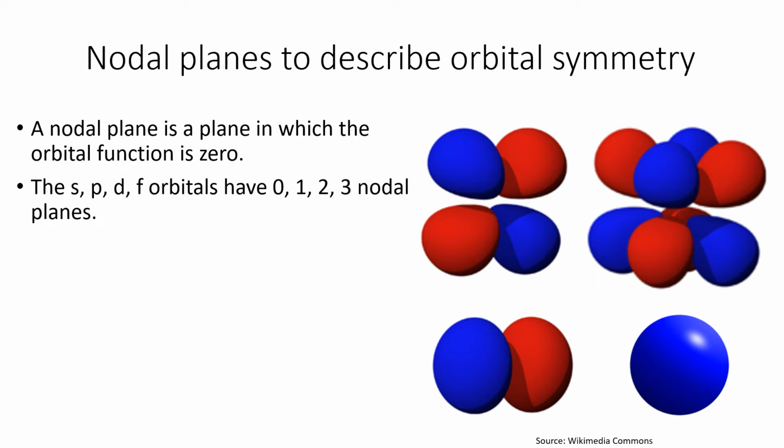And it's interesting to count up these nodal planes. There are no nodal planes within the s orbital. One nodal plane bisects the p orbital. Then when you get to the d orbital, admittedly the dz squared looks a bit different, though it's still consistent with this, but with our regular looking d orbital we can see that we've got a pair of these planes at 90 degrees to each other, which are nodal planes at which the wave function is 0.